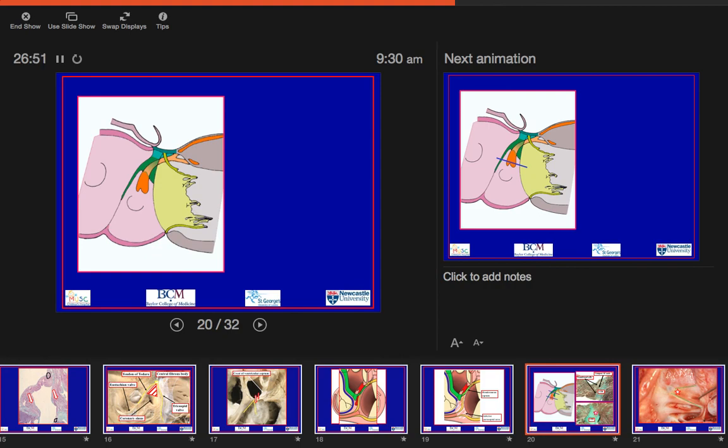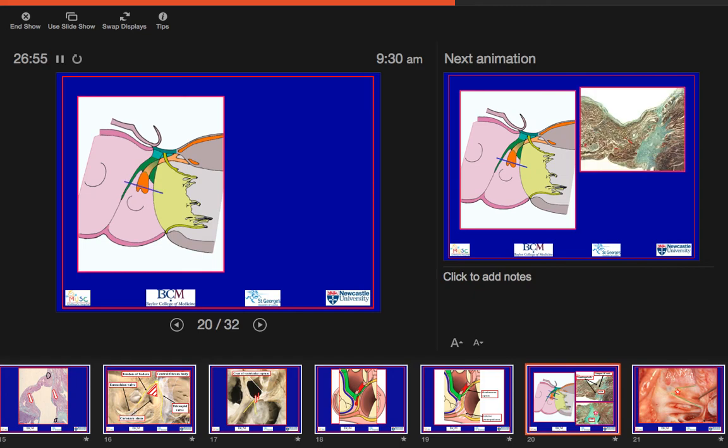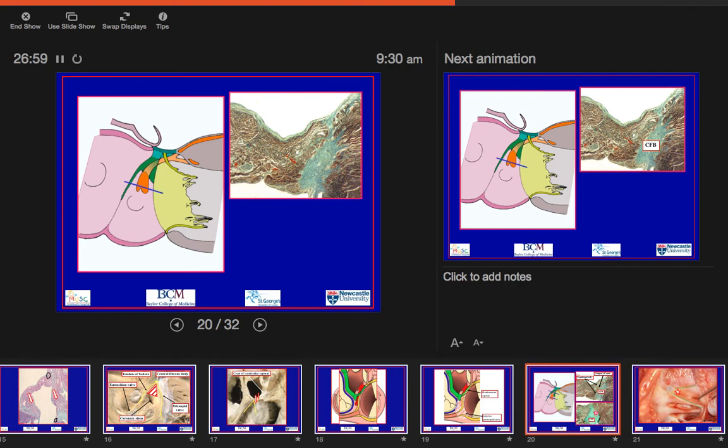So we position the triangle of Koch with its apex uppermost, and then if we take sections through the triangle of Koch, we can see the atrioventricular node separated by the central fibrous body from the ventricular myocardium, with transitional cells feeding its atrial surface.